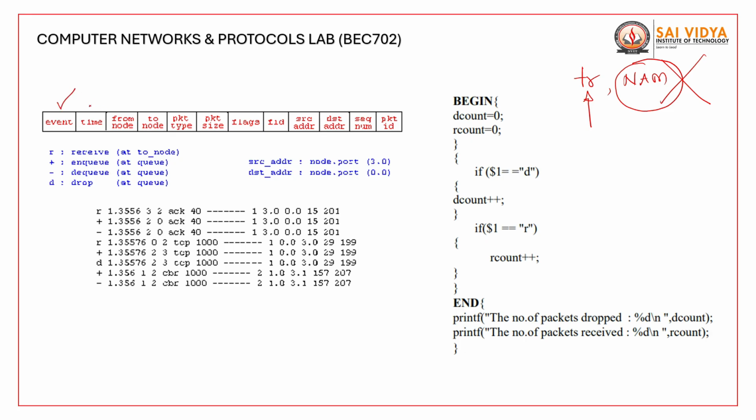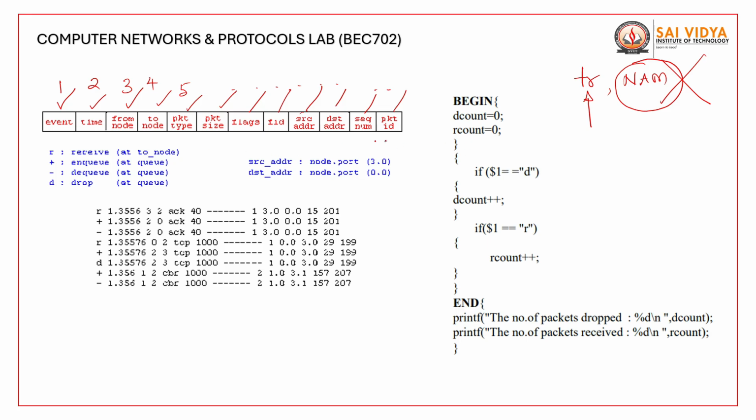First field is event, next is time, from node, to node, packet type, packet size, flags, and then flow ID, source address, destination address, sequence number, and packet ID. So these are generally considered as 1, 2, 3, 4, 5 like this.